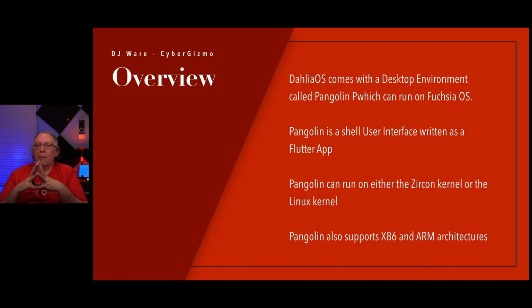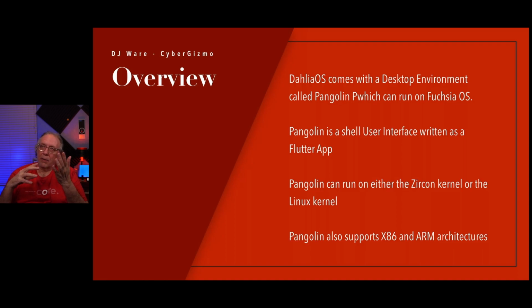Dahlia comes with a desktop environment, as I mentioned, called Pangolin, and that can run on Fuchsia OS because it is a Flutter application. Linux can also run Flutter applications with some modification, and Dahlia has put those modifications in to allow it to happen. So Pangolin is a shell user interface.